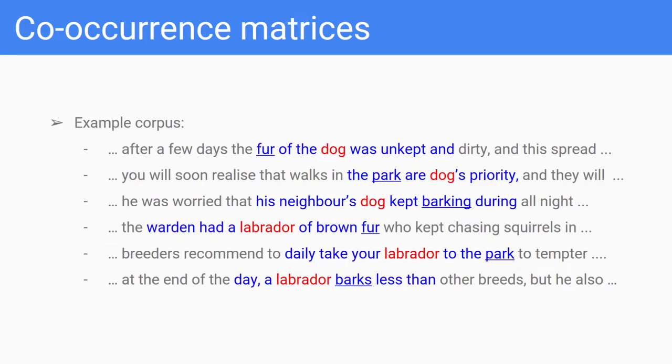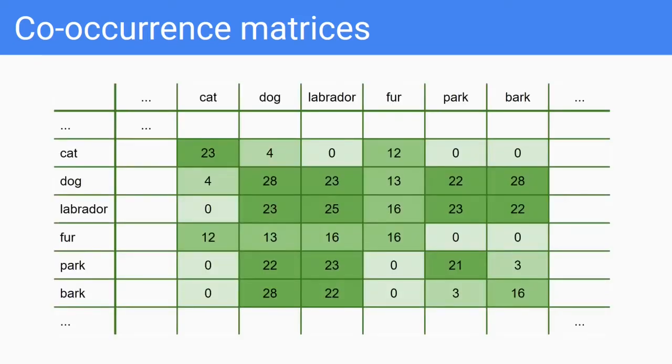You add a +1 for every combination of words. So here, in the row of your count matrix that corresponds to dog, and the column that corresponds to fur, you add a +1. And you do that over and over again in a very big corpus. And then you end up with a matrix like this one.